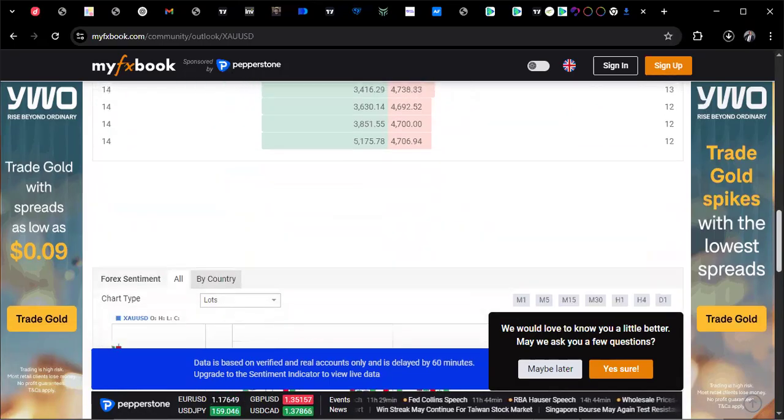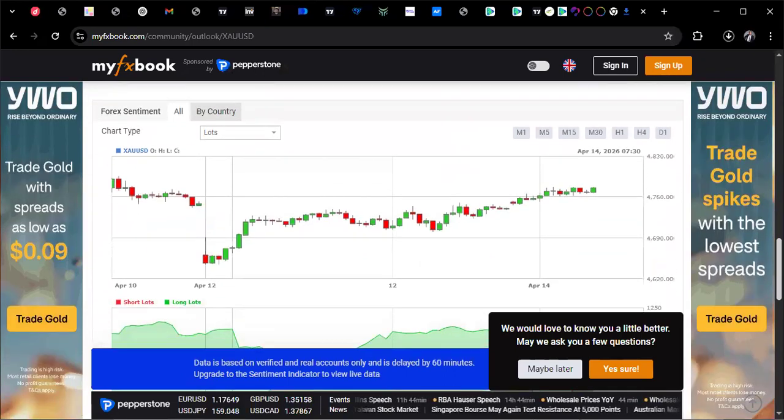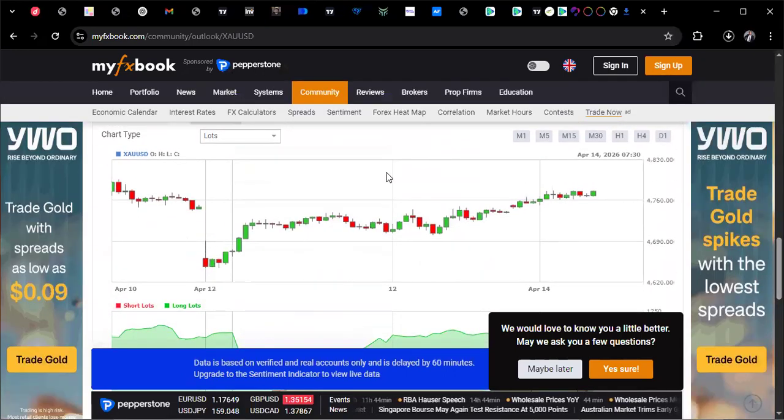It's crazy, right? By country, you can even see. All right, and you can see the market is trending up. The number of those entering for buys started increasing from yesterday.